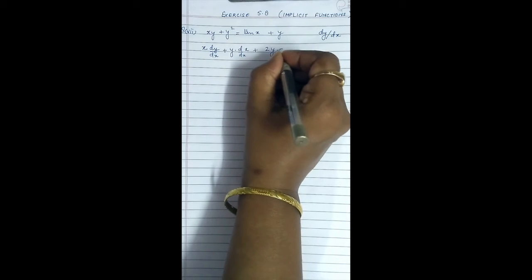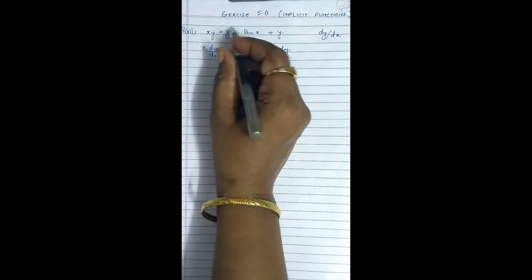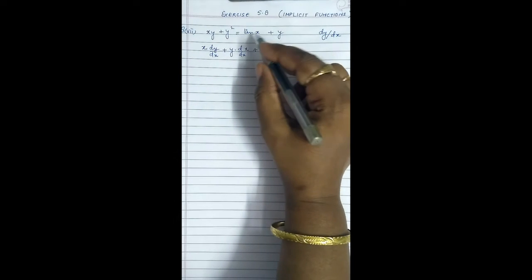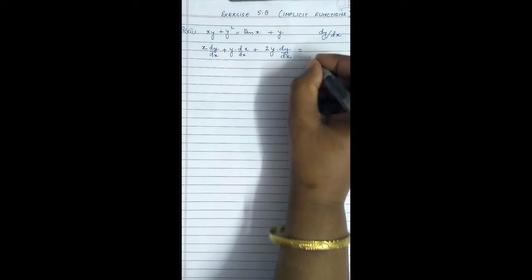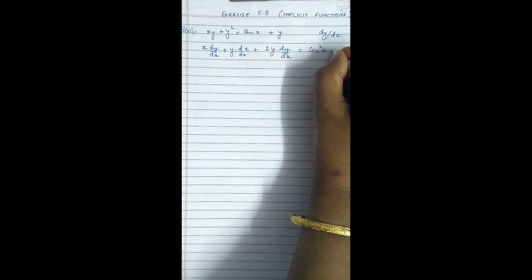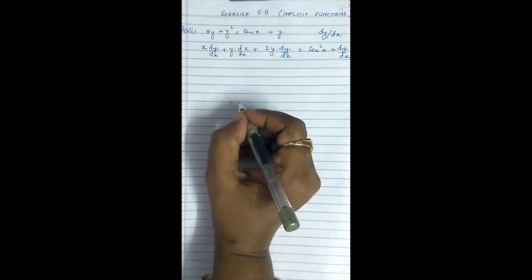2y into dy by dx, because it's a function of y, equals the differentiation of tan x with respect to x. Now that's going to be sec square x plus, now for y it will be dy by dx.